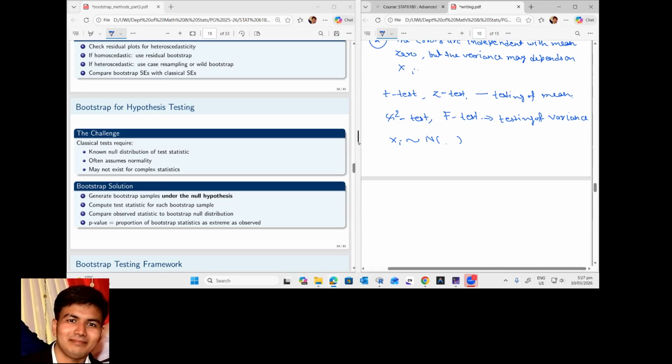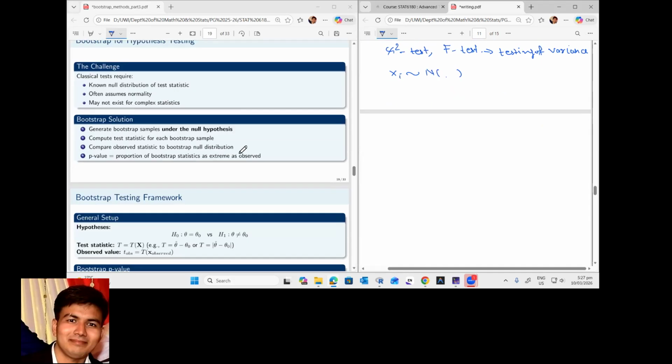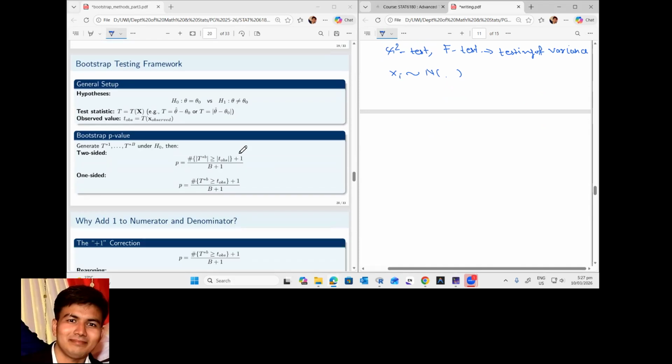We generate bootstrap samples under the null hypothesis and compute the test statistic for each bootstrap sample, compare the observed statistic to the bootstrap null distribution, and the p-value is the proportion of bootstrap statistics as extreme as the observed one. That is your bootstrap testing framework.